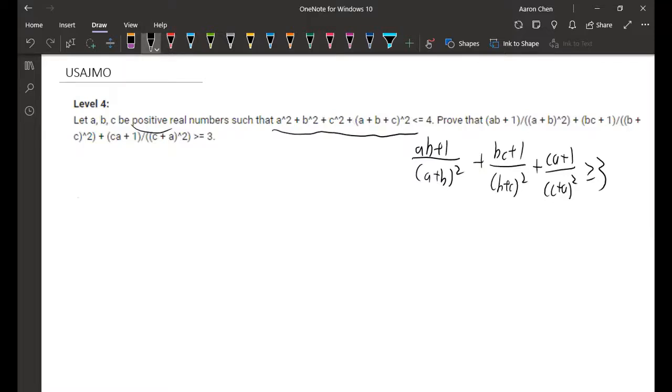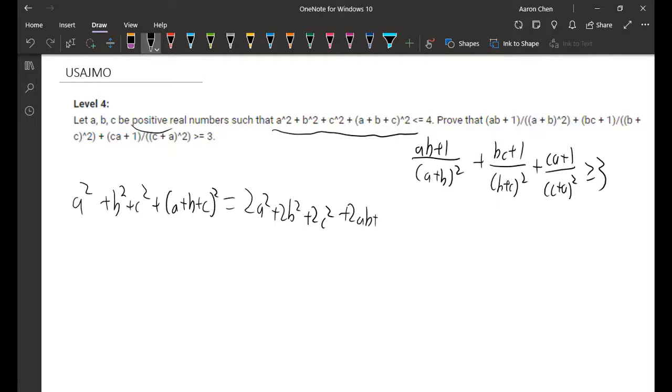We have that a squared plus b squared plus c squared plus (a plus b plus c) squared is equal to 2a squared plus 2b squared plus 2c squared plus 2ab plus 2bc plus 2ca, which is just equal to exactly (a plus b) squared plus (b plus c) squared plus (c plus a) squared.